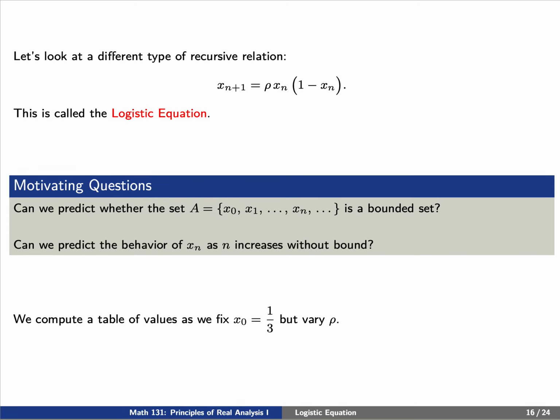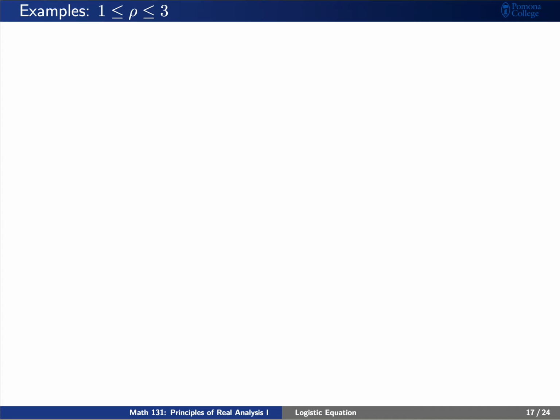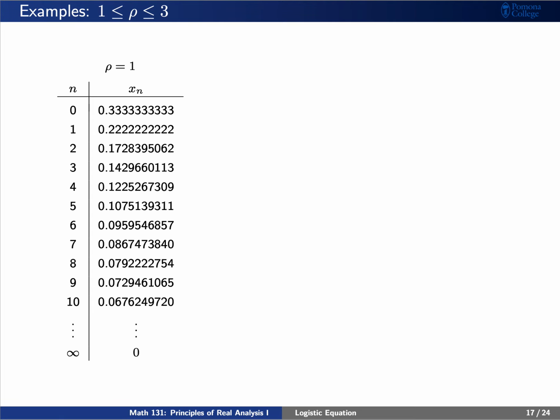To get some ideas, let's compute various tables as we fix x sub 0 equal to 1/3, but we'll vary this parameter rho. First, let's consider some examples where rho is between 1 and 3. In the case where rho is equal to 1, you can see that the terms get smaller and smaller, so eventually x sub n tends to 0.